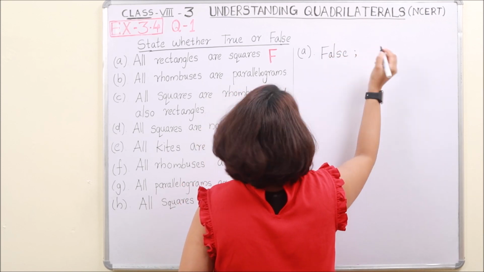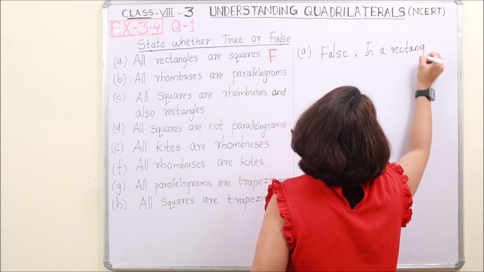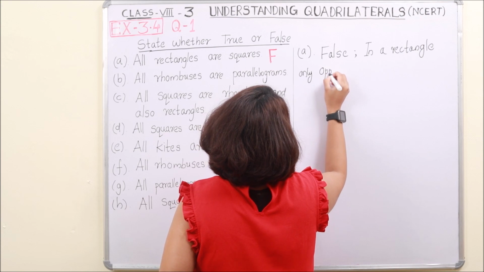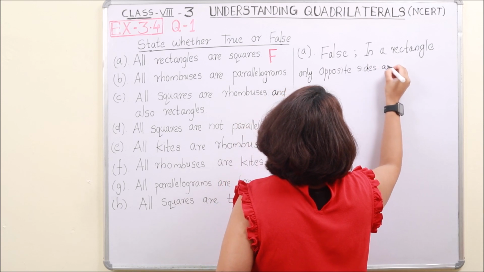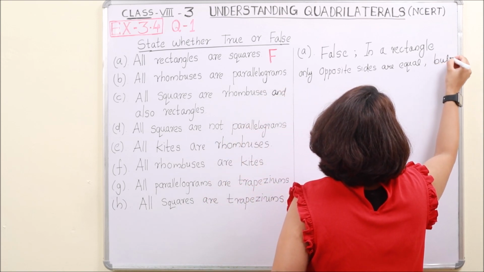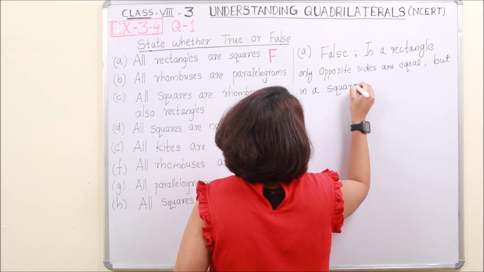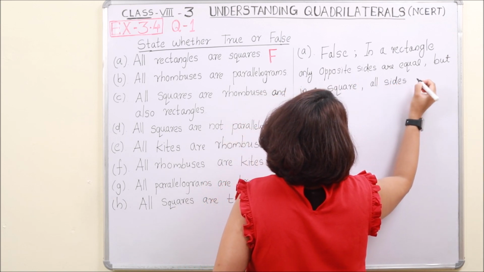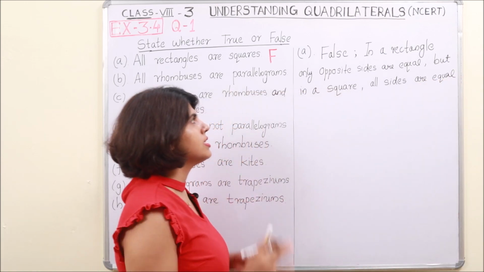The reason is, in a rectangle only opposite sides are equal, but in a square, all sides are equal. Clear? So this is the reason.